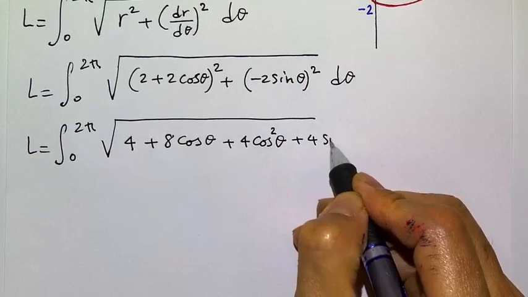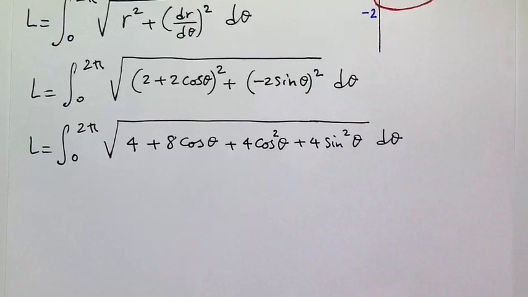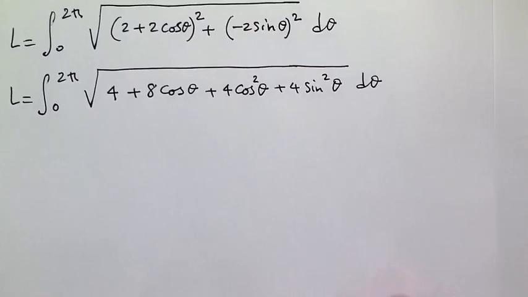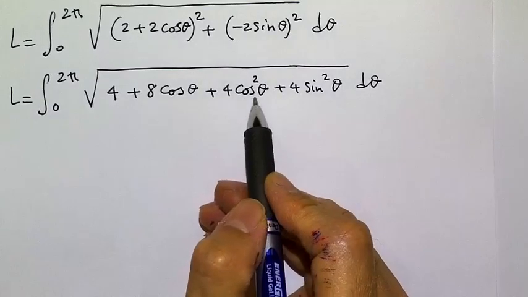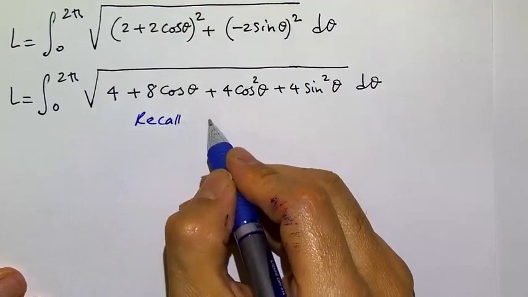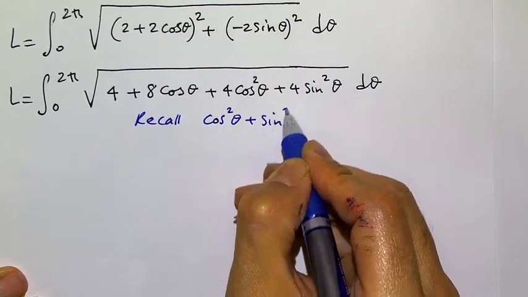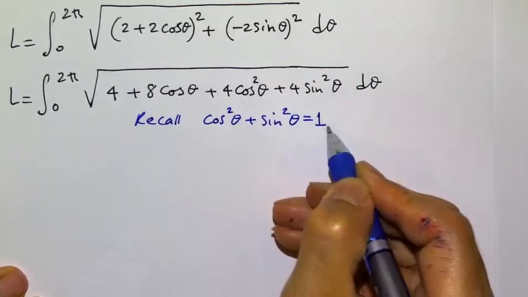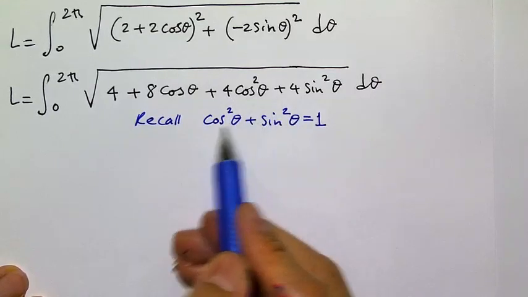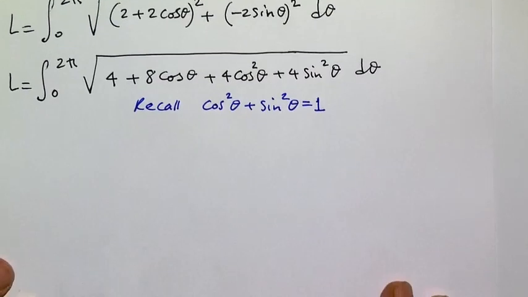Plus 4 sine squared theta d theta. Okay. All right. So clearly we can factor this out. And if you remember that, well, let me write it down. Recall that cosine squared theta plus sine squared theta equals 1, right? So if we factor out 4 from these two, that's what we get. So 4 times 1 is 4. So that's where I'm headed. Okay.